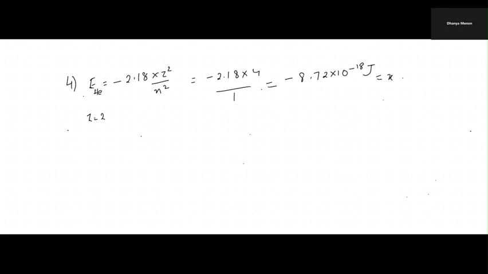Now this is for the ground state when n is equal to 1.